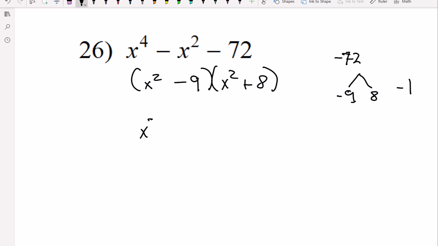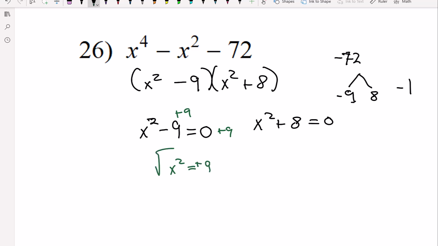So x, this time you do have to set them both equal to 0 because of the x squared. You can't just take the opposite very easily. So we're going to add 9. So x squared is equal to 9. When we take the square root, we take the positive and negative. So -3, positive 3.